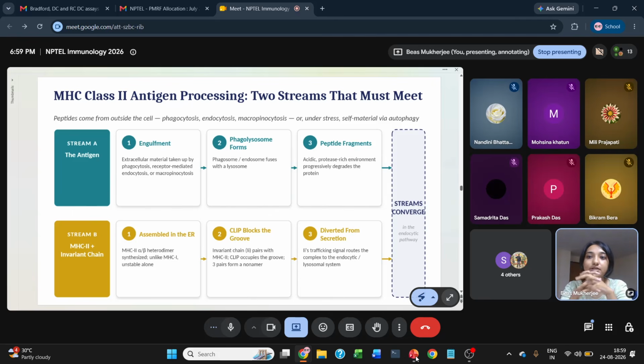Let's see. The peptides come from outside the cell through phagocytosis, endocytosis, and macropinocytosis, or under stress, self-material via autophagy. Now, phagosome or endosome mediated engulfment.